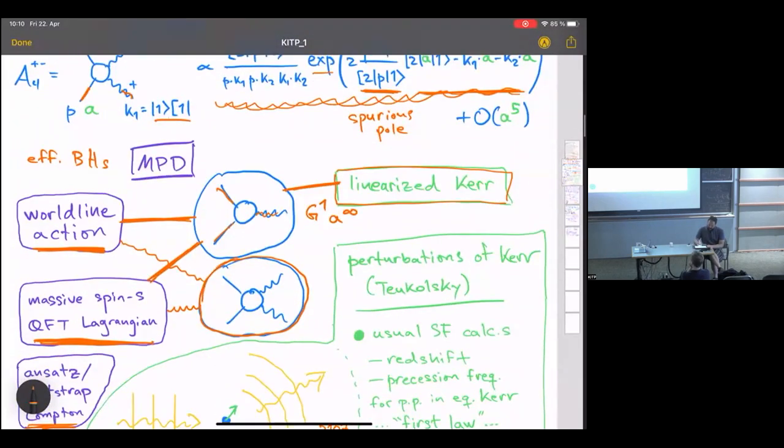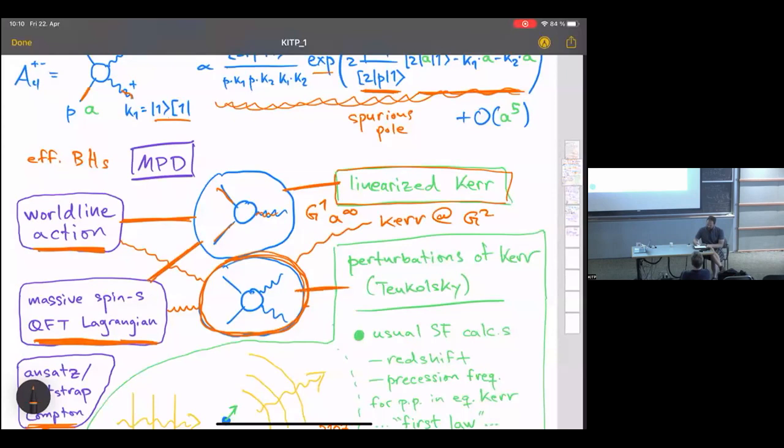But how do we see that the Compton amplitude coming from a QFT Lagrangian with certain parameters, Wilson coefficients in that Lagrangian, corresponds to black holes? Can we connect it, say, to Kerr at G squared instead of Kerr at G? Is that enough? I think the answer is absolutely not.